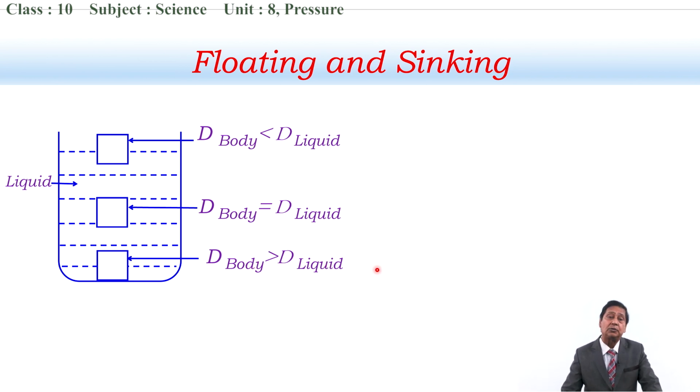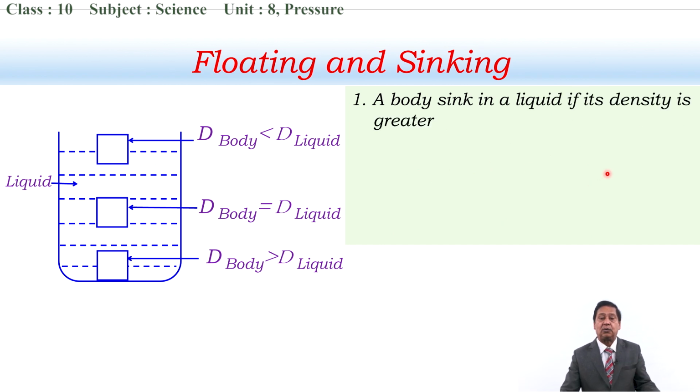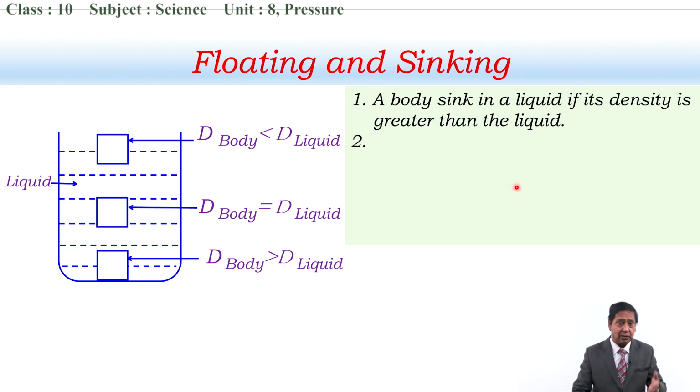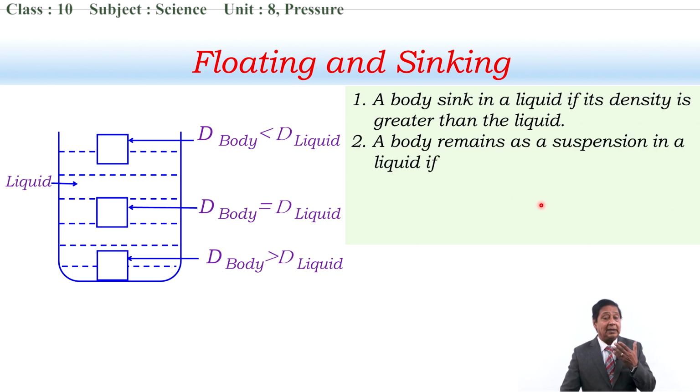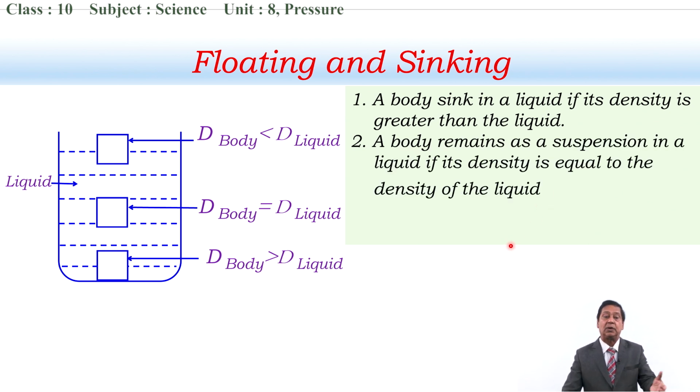Okay, now I want to tell you the same thing. If you are asked in which condition a body sinks, then you can say that a body sinks in a liquid if its density is greater than the liquid. And in which condition does the body remain as suspension in the liquid? You can say that a body remains as a suspension in a liquid if its density is equal to the density of the liquid.